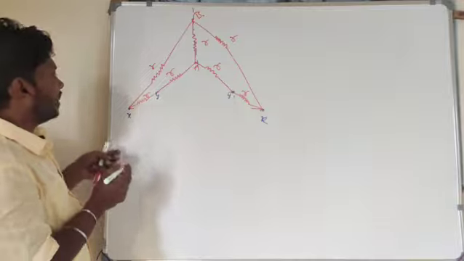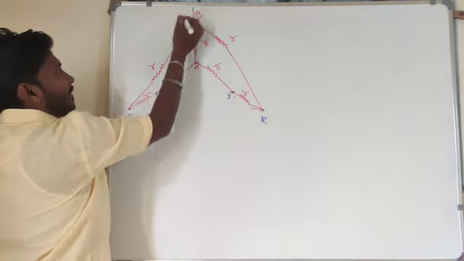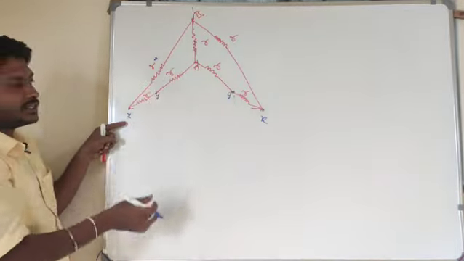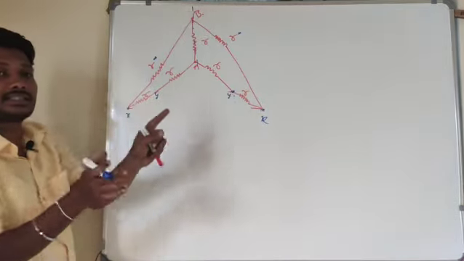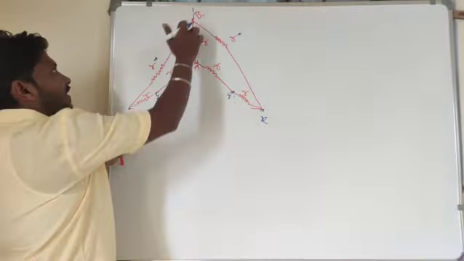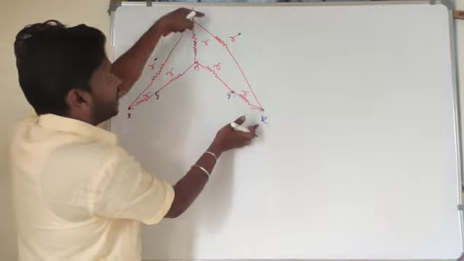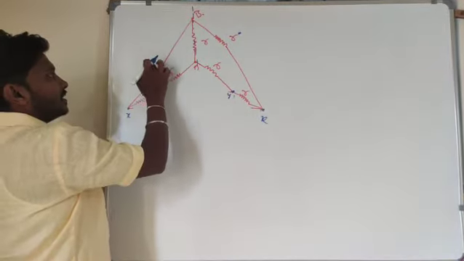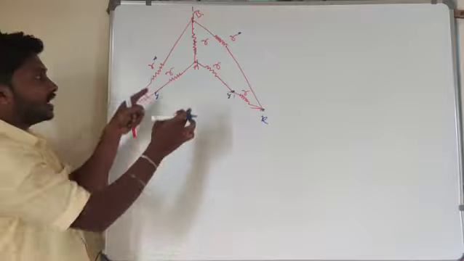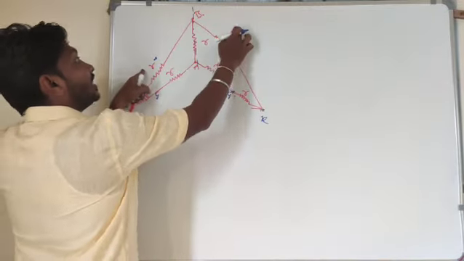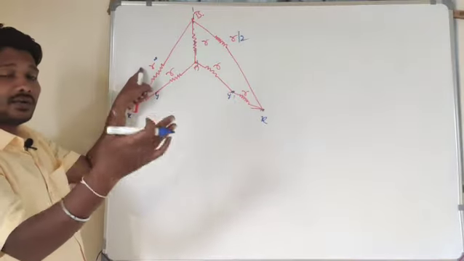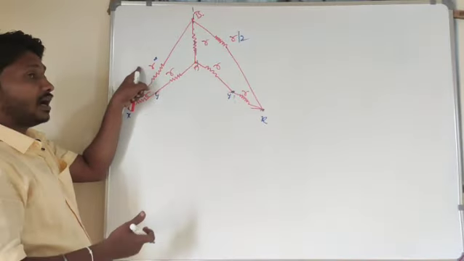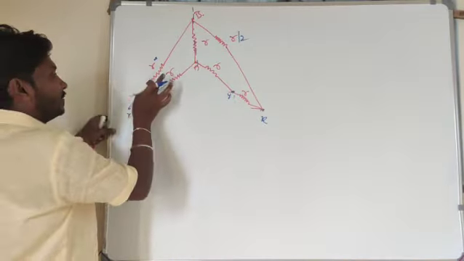Between X and B, what's the resistance here? Resistance R is there. Between X and B, resistance R is there. So the potentials are X and B, and here also X and B. Here also resistance R is there. These two resistors are in a parallel combination, so simply I can write it as R by 2: R into R divided by R plus R, R square by 2R, that is R by 2.